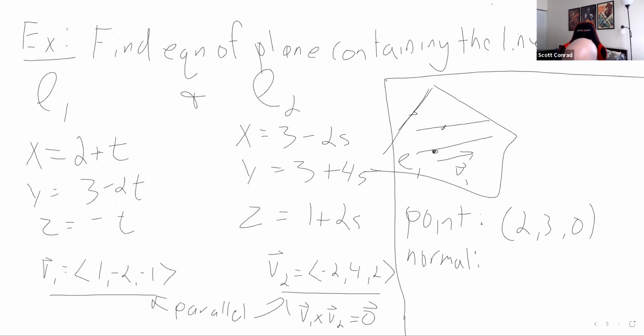And look at the vector from that first point to the second point. Notice that is not going to be parallel to either of these lines, but it's going to be parallel to the plane, right? A vector from some point in the plane to another point in the plane is always going to be parallel to your plane. And so we're going to find that vector, and then we're going to take the cross product.